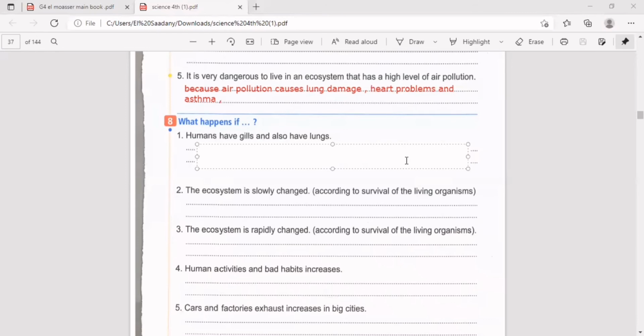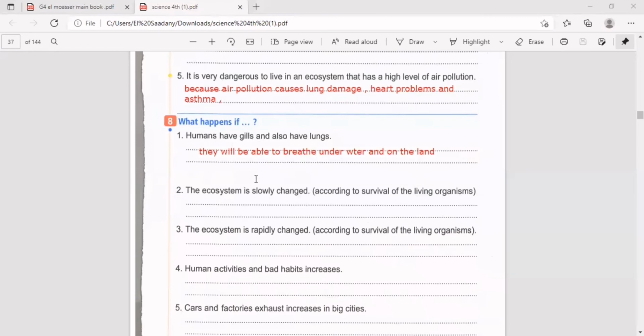So they will be able to breathe underwater and on the ground or land. Okay, so this is the first question.